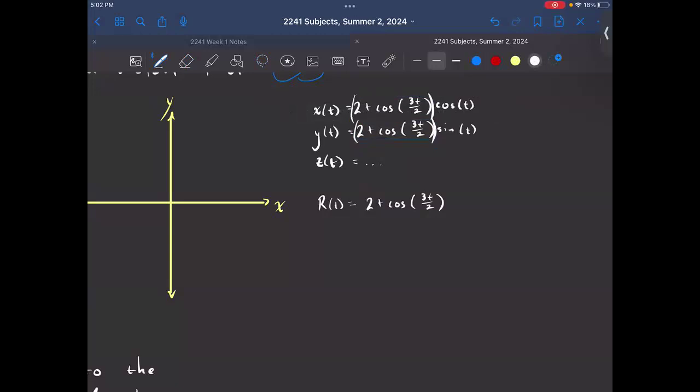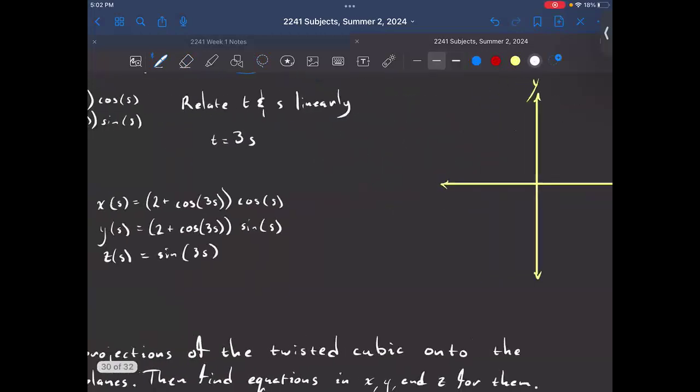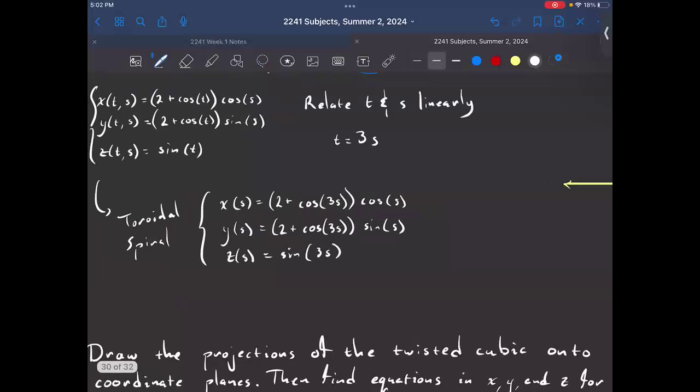Okay. Now we figure out what's going on with z, and well, you can actually guess that it doesn't really matter because we're still just tracing on a torus here. So this matches up with the toroidal spiral over here. We're just choosing a different frequency that is a little bit shallower.